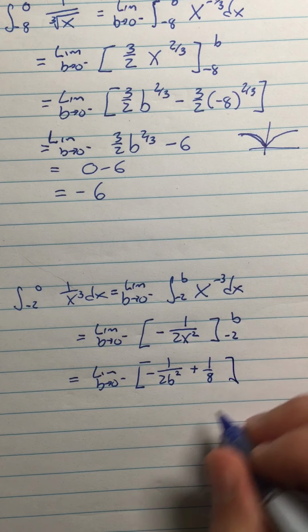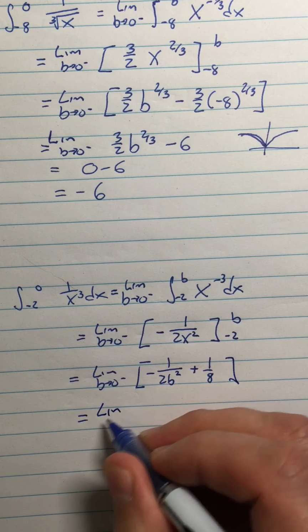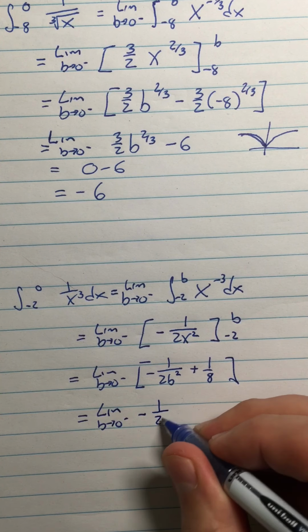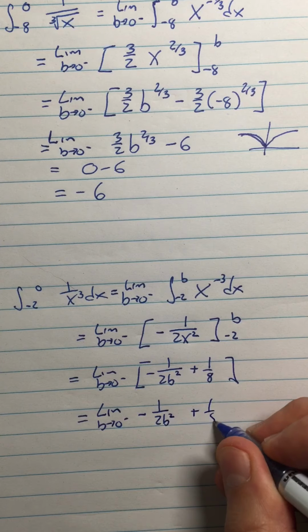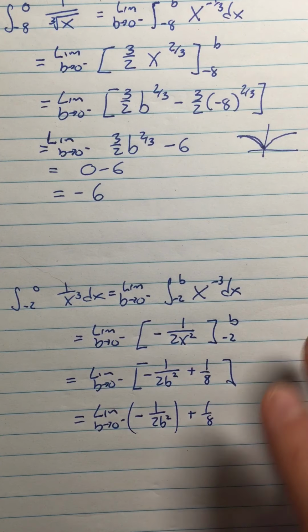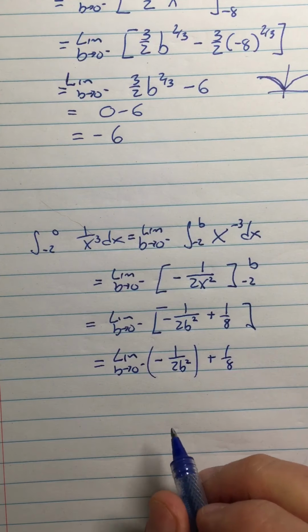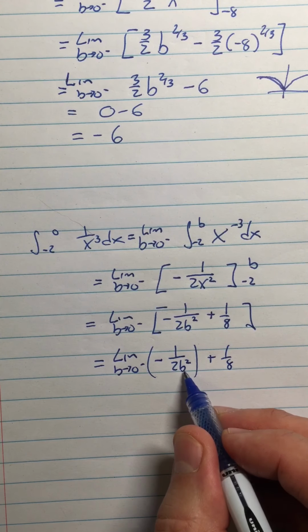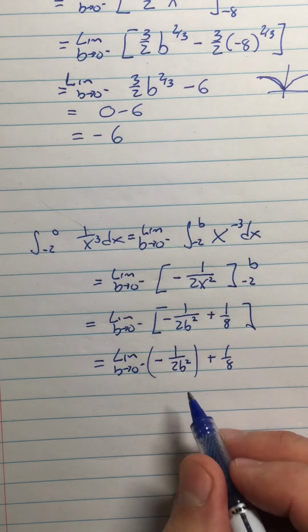Okay, now, then I'm going to get the limit as b approaches 0 from the left of negative 1 over 2b squared plus 1/8, right? This limit only applies to this now. And now my denominator is approaching 0 while my numerator is bounded.